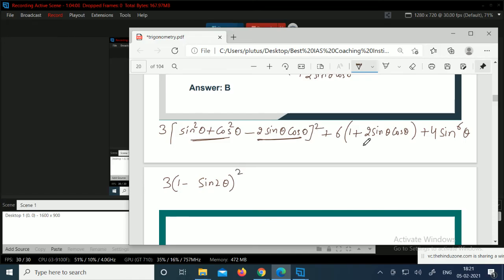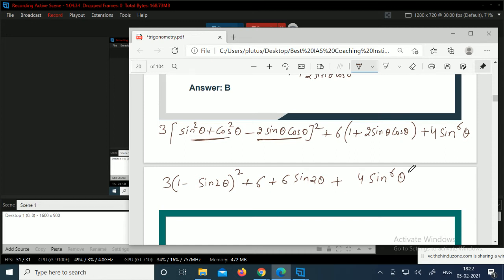Okay, and if I multiply this inside, basically we can use 6 sin 2 theta and plus 4 sin 6 theta. Up to this is clear.